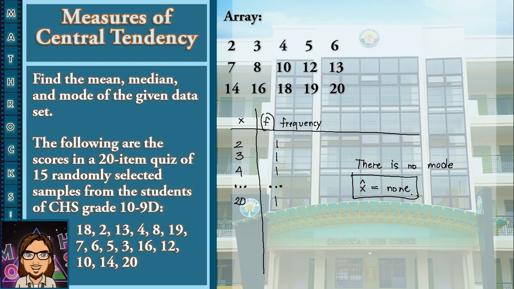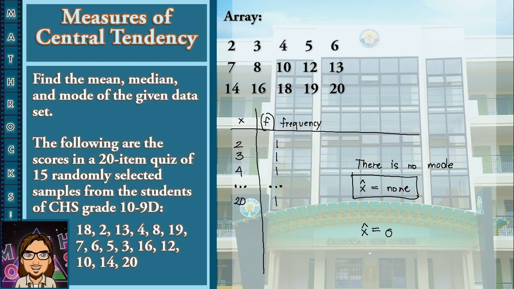So please, as additional information, do not write your answer for having no mode as something like x current be equal to 0. Yes, we do say that 0 represents the idea of having none, but not in this particular case.